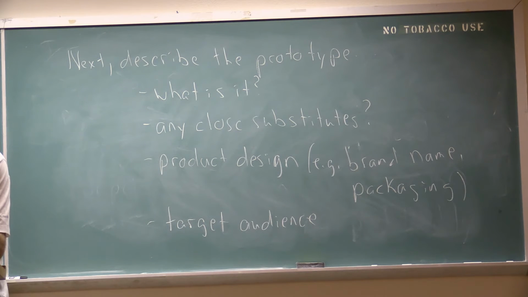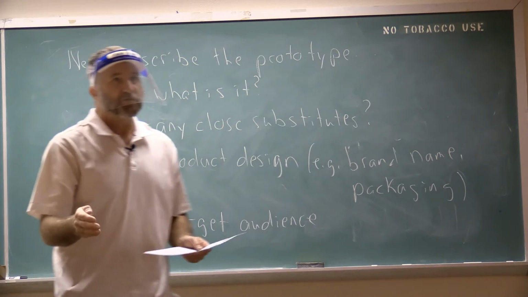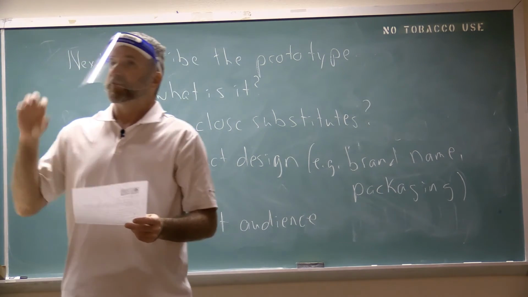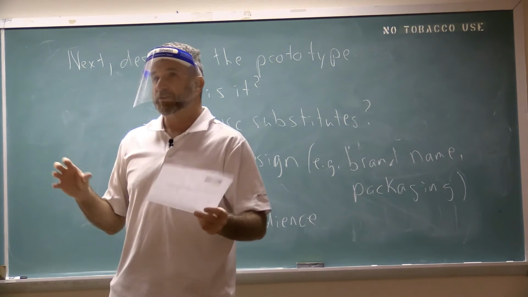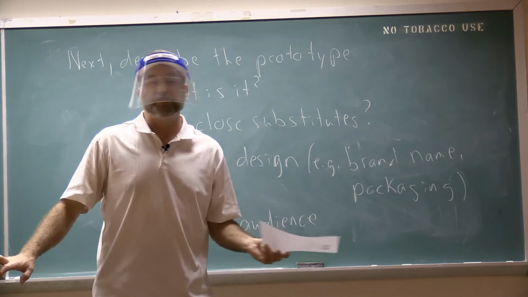By describing the prototype and its differences from other products, that's immediately telling you what the research can do. For instance, he's saying he likes the name pizza pods better than pizza rolls. Well then, if that's what you're saying in the prototype, describe some research you can do to see if other people feel the same.